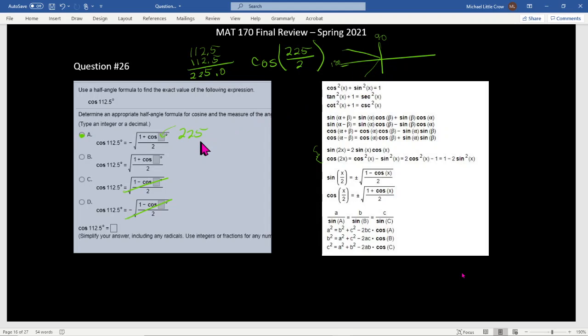So 225 is down here, and half that angle is up here. And if you look at 225, a 45-degree angle is our reference angle. See, 180 to 225, that's 45 degrees. So we use cosine of 45 using reference angles.